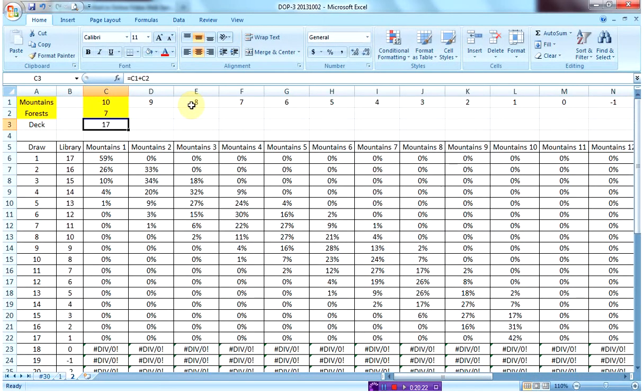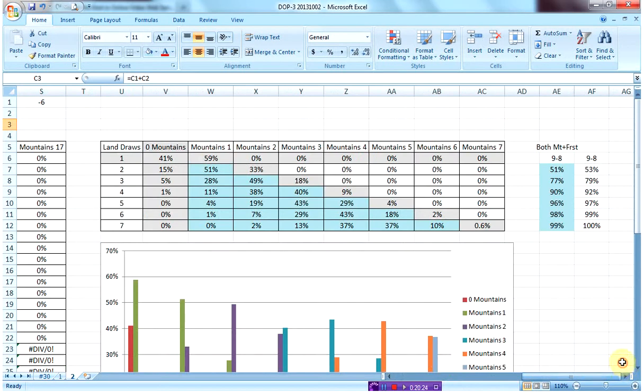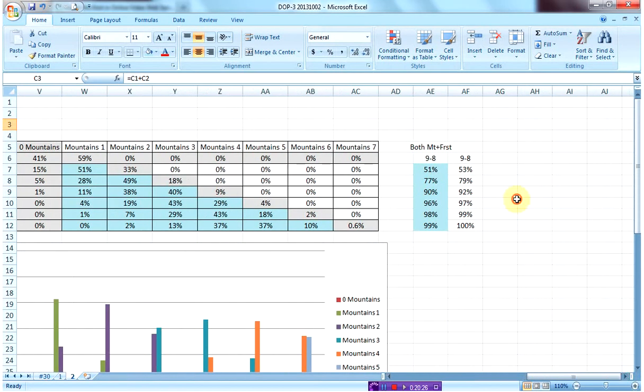What happens if we turn this into 10-7? At 10-7, what are we giving up in likelihood to hit both of our colors? Not a whole lot.